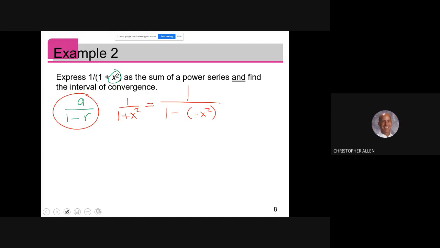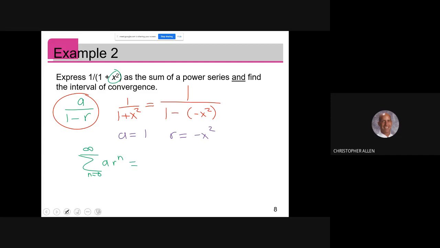We pretty much already got the answer here, don't we? Now let's be careful. Let's make sure we work this out the way that we need to. So that tells us, in fact, let me write this in purple, A in this case is again 1, and r is going to be negative x squared. And now we can go ahead and build our power series. The sum, n going from 0 to infinity of a r to the n.